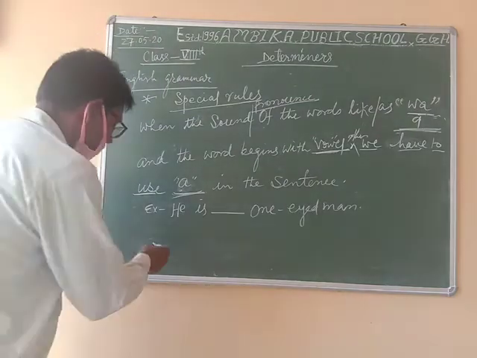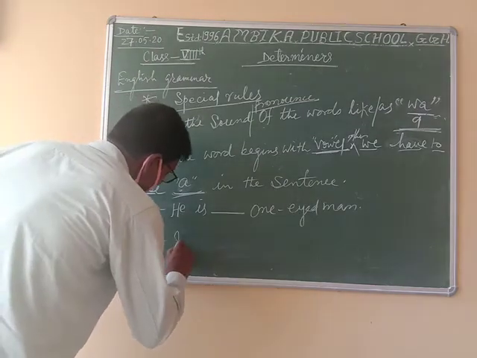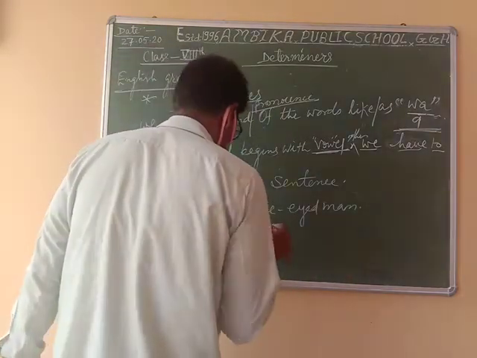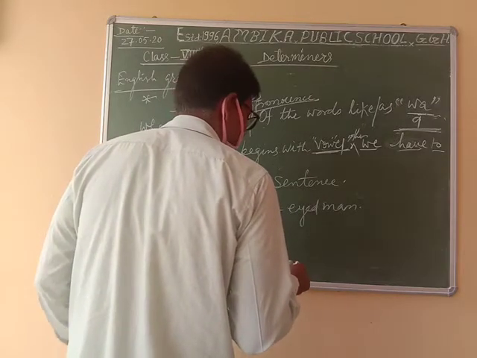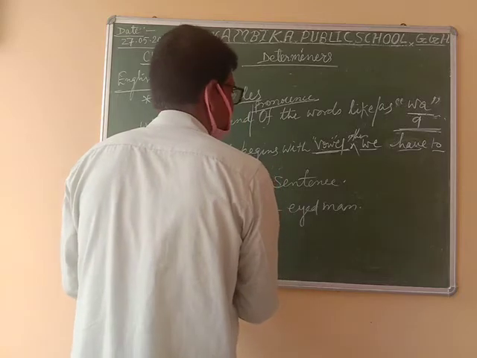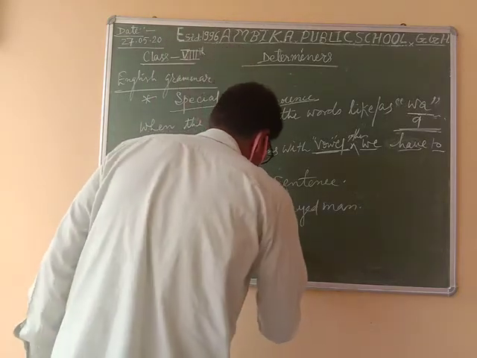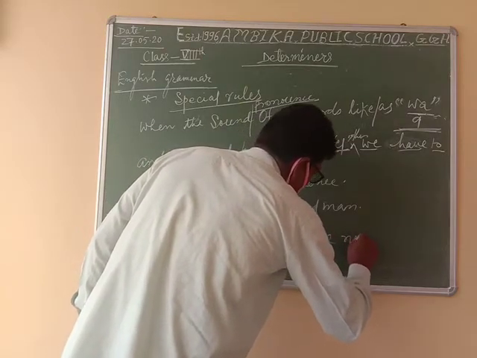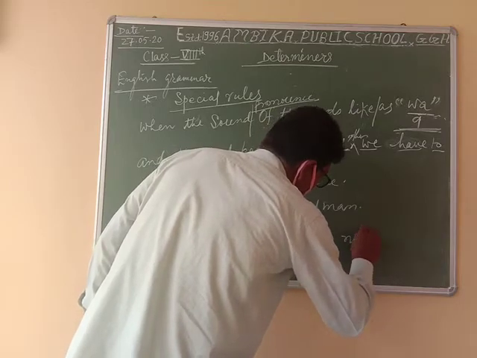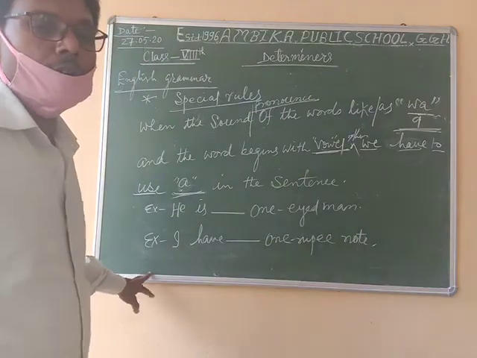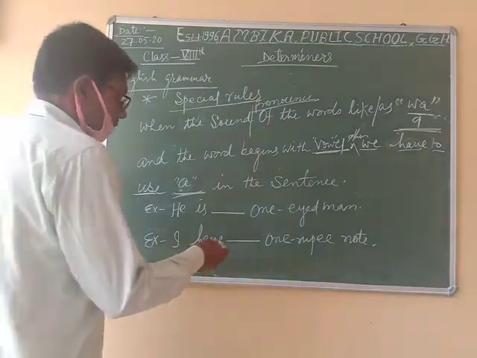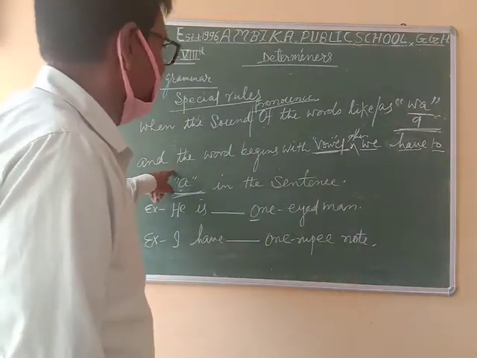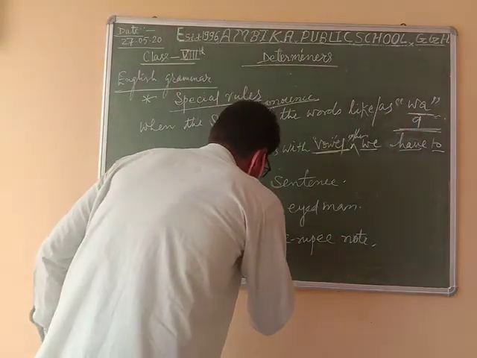Number 2 example, I have ₹1 note. Okay, this is beginning with vowel, but pronouns is like वो. हम लोग वन कैसे लिखते हैं? वो नो, ये वो.